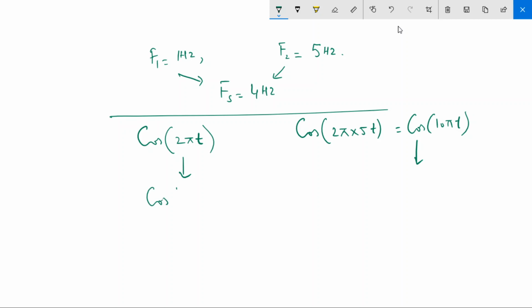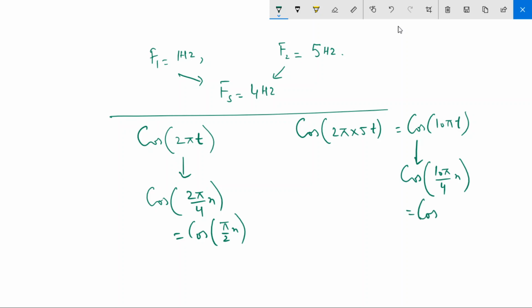I simply divide 2 pi by 4 and replace t with n. So it will become cos of pi by 2 n. And similarly here, cos of 10 pi by 4 n, which becomes cos of 5 pi by 2 n. These are the discrete signals that you will get after sampling.